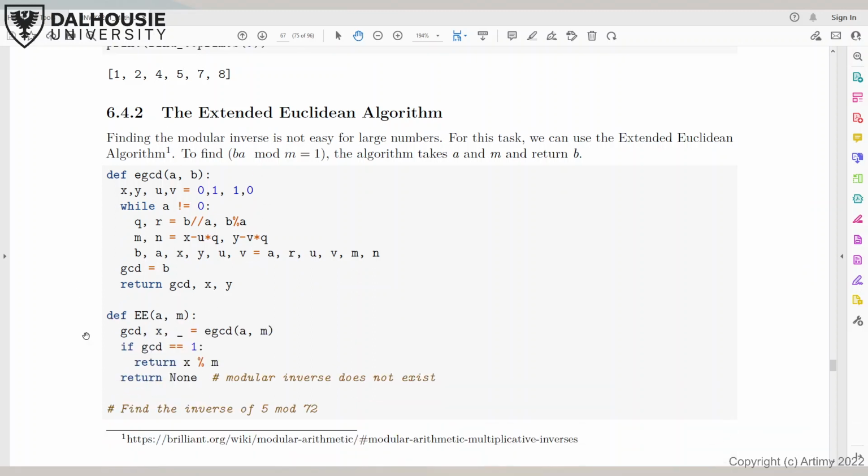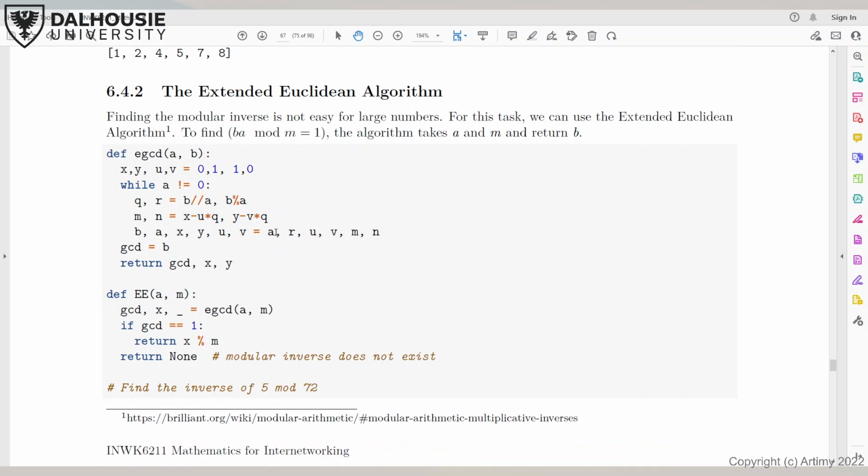So if you have Python, you can run Python and give it any of these two. So you give it either P or Q and M here, and it will give you the inverse.